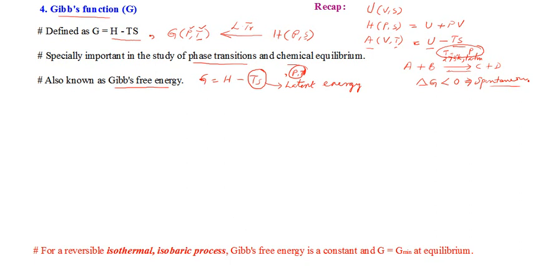Hence this G is usually regarded as the free energy, one of the free energies, like the Helmholtz free energy under the other condition. Under the conditions of V and T constant, Helmholtz free energy is relevant, and under the condition of pressure and temperature remaining constant, the Gibbs free energy is relevant, right?